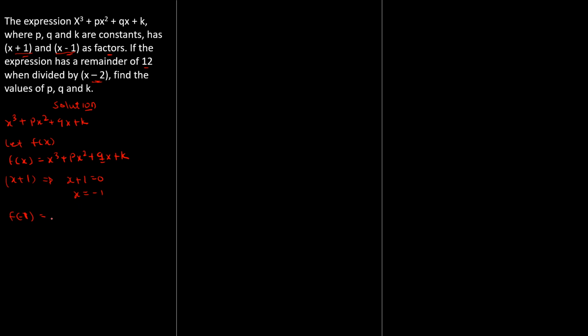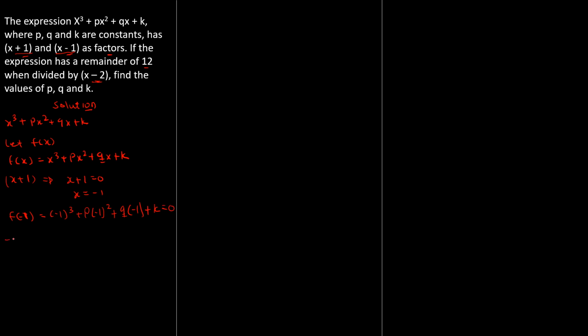Wherever I see x, I'm going to put -1 there. So the first one, which is -1 cubed, from x cubed plus px squared plus qx plus k, I'm going to put -1 wherever I see x, so plus p times -1 squared, plus q multiplying -1, then plus k. And we know that f of -1 is equal to 0 since it's a factor, so all of these things are equal to 0.